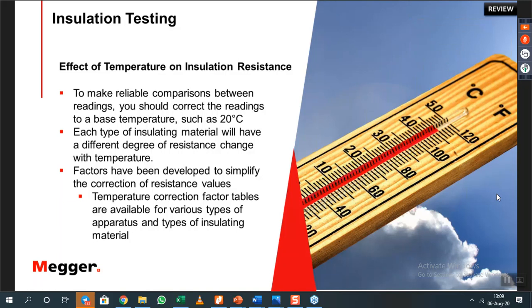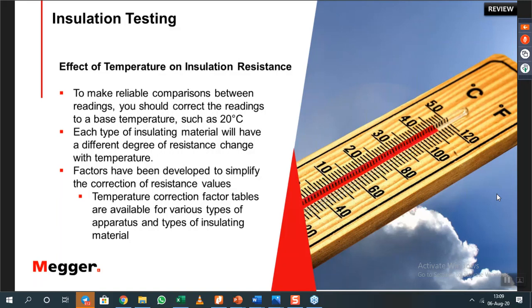That is how you do the interpretation of the spot reading test. Each type of insulating material will have a different degree of resistance change with temperature. Factors have been developed to simplify the correction of resistance values, that is the temperature correction factor tables, which are available for different types of apparatus and types of insulating material.